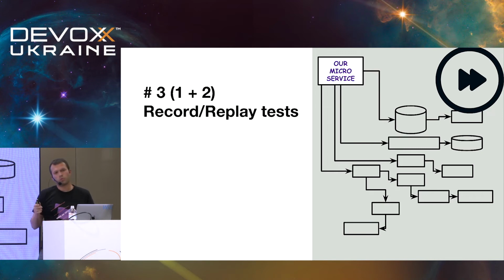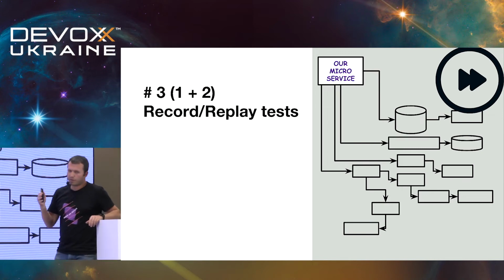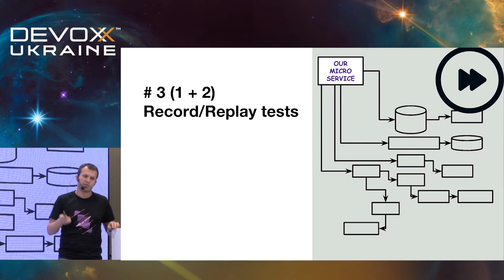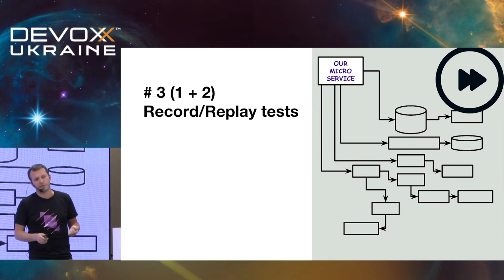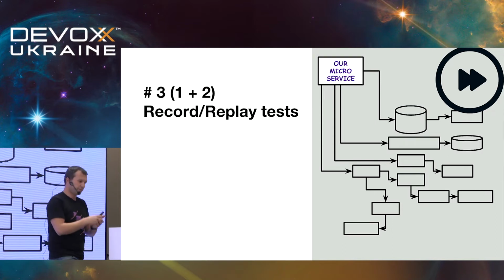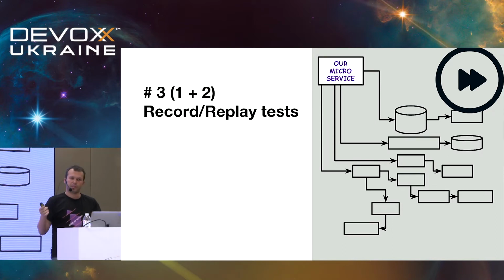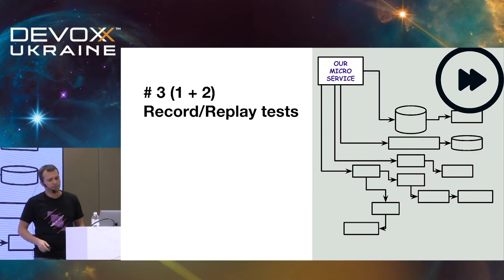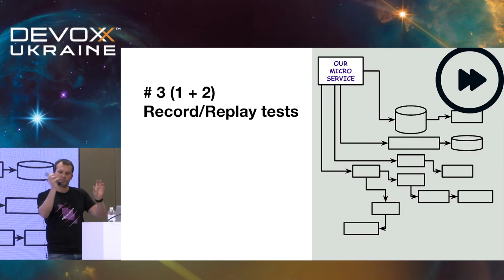This means that we will run this one time against an external environment. We will record the requests and the responses. And the next time we run the tests, we can run against the recording. So it will remember that for this request, return this response.